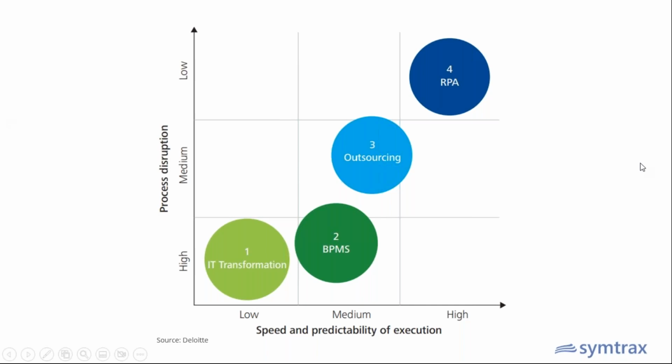The first one is IT transformation, in which you revamp your infrastructure and your processes. But these changes will definitely disrupt your current processes. And what about the result? You can't really predict whether this will make things better, faster.